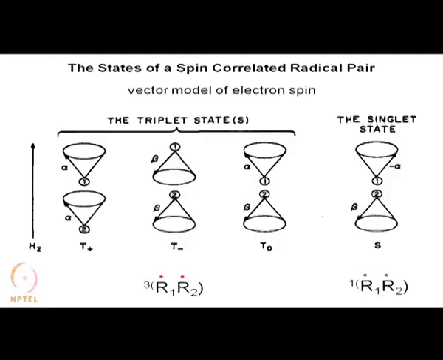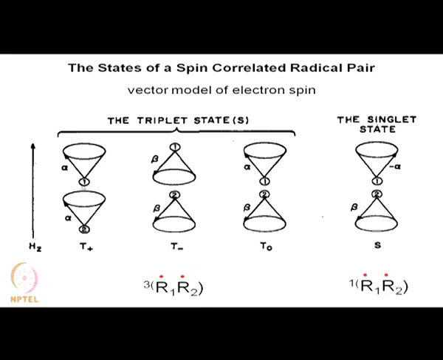Now, the triplet state has three options. Here one is spin 1, this is spin 2, and it is shown that the tip of the vector is making a cone, just like a funnel. This is another funnel. See, both are up. Up means its projection on the z axis is plus half for both, so it is alpha spin.